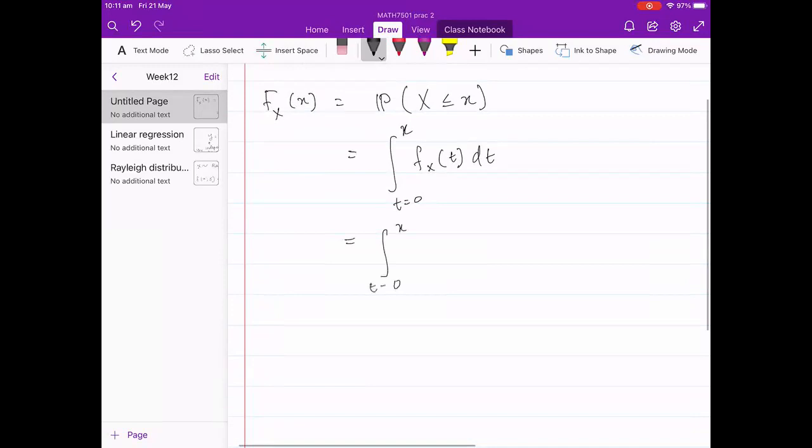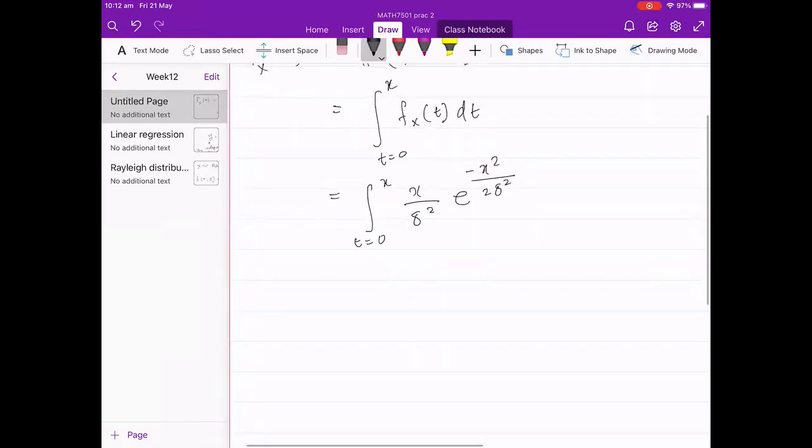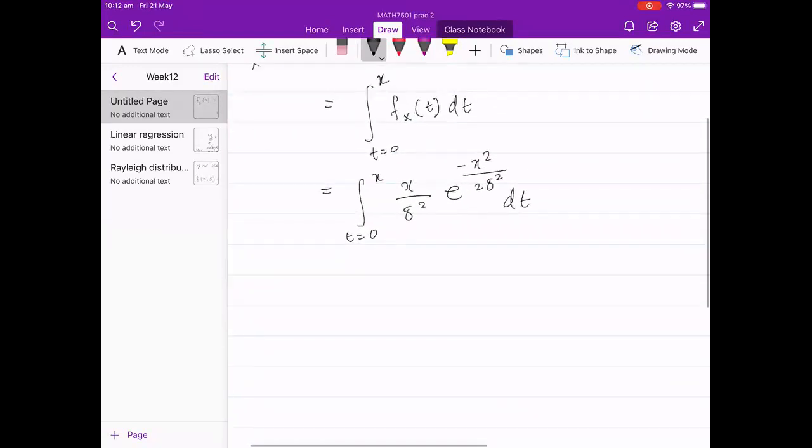Remember, this is t equals 0 to x of your PDF, t over sigma squared e to the power minus t squared over 2 sigma squared, with respect to t.